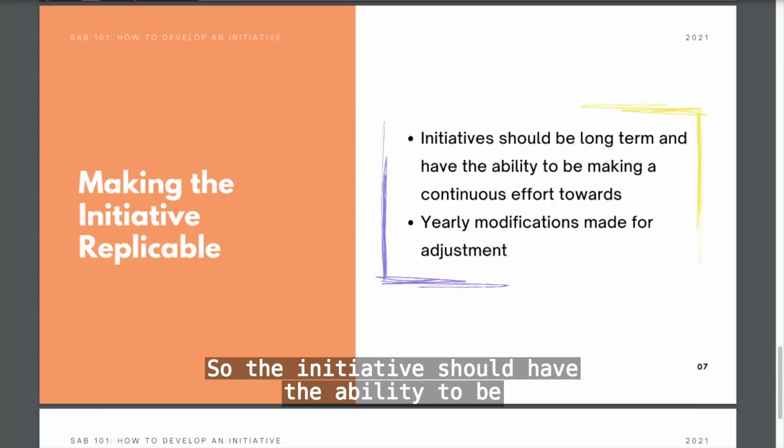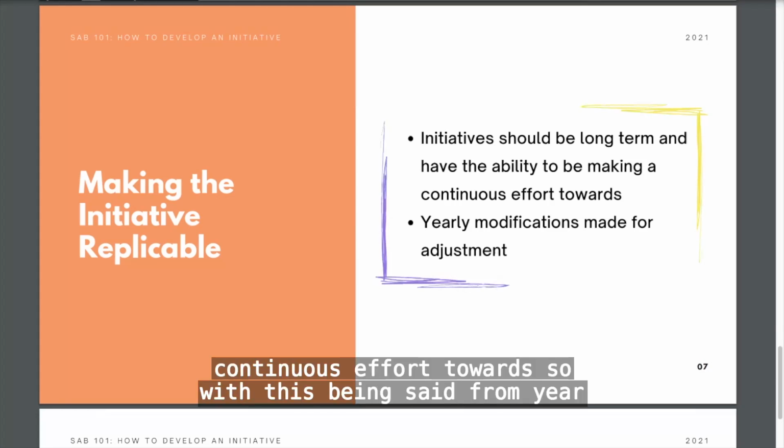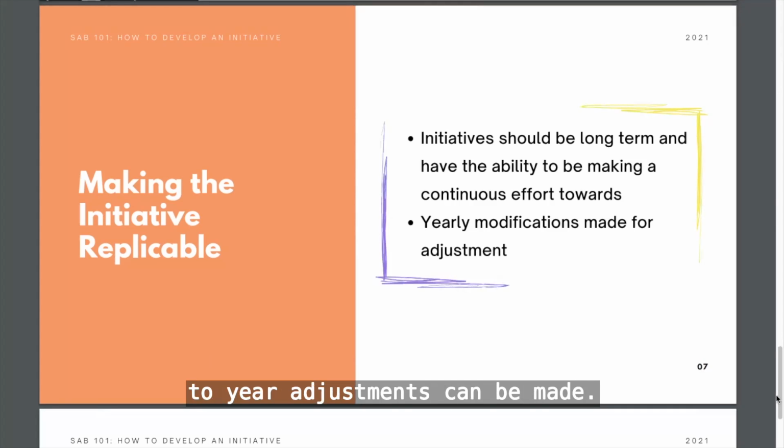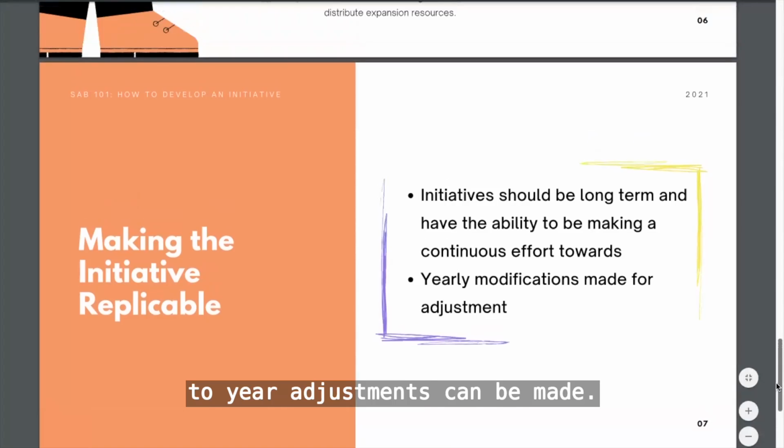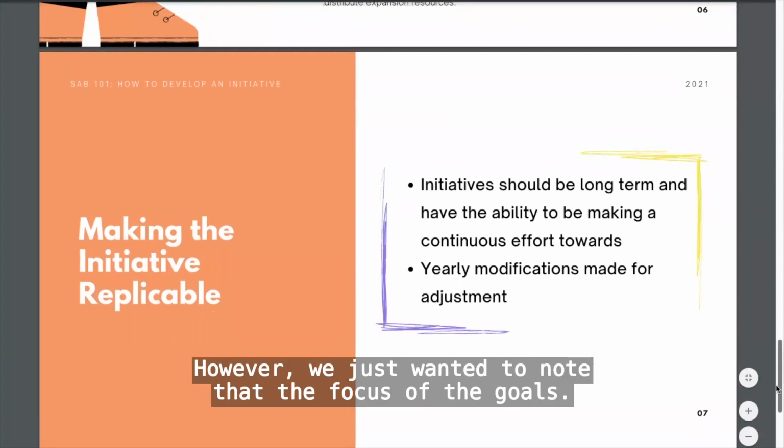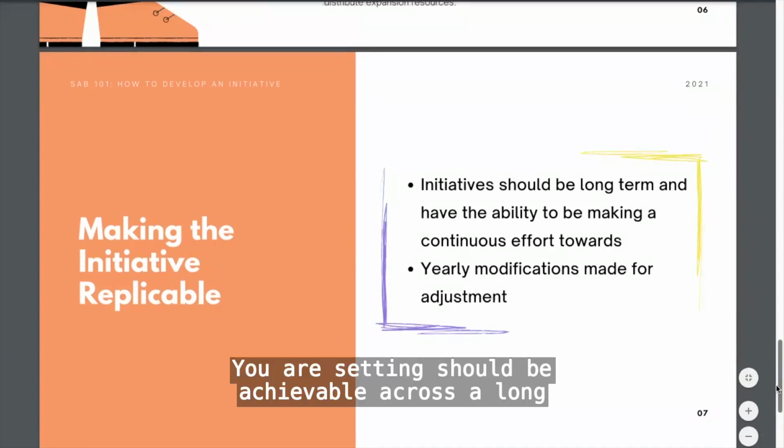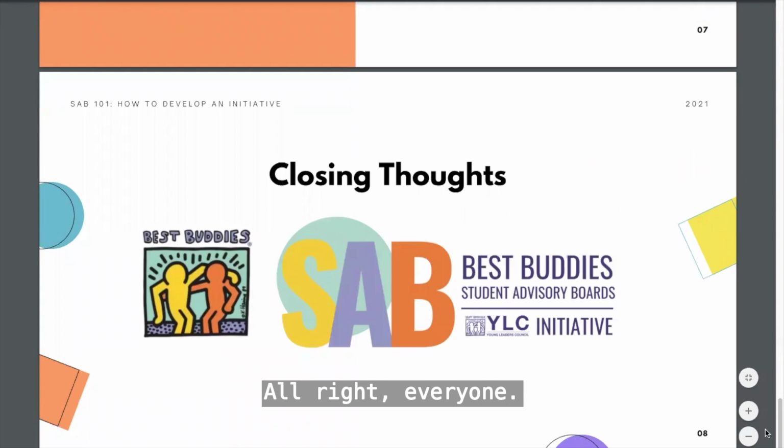So the initiative should have the ability to have continuous effort made towards it. With this being said, from year to year, adjustments can be made. However, we just wanted to note that the focus of the goals you are setting should be achievable across a long period of time.